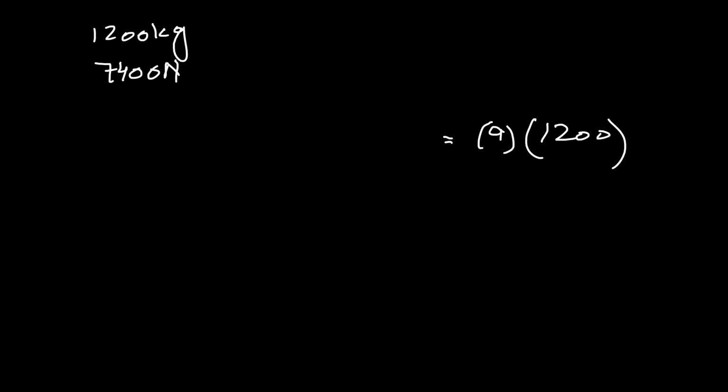The force is being applied by the engine. So the total force of the engine is 7400 newtons. And we have to subtract from this engine force the tension on the trailer.